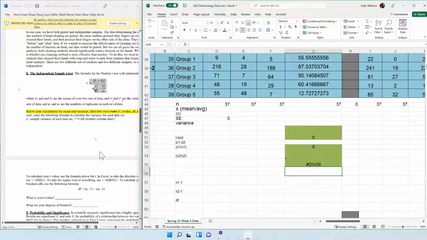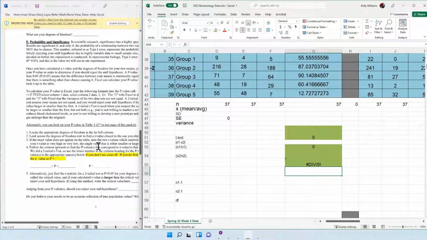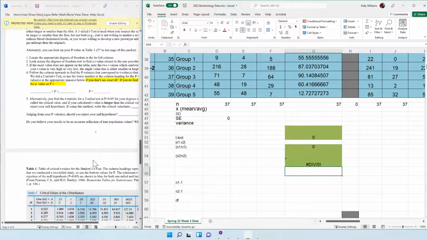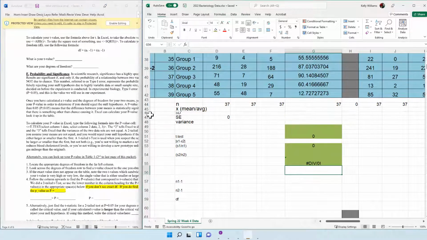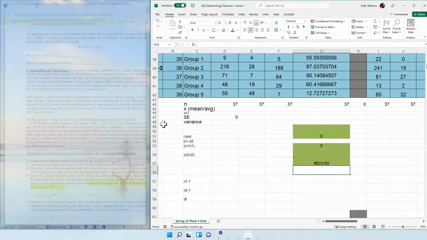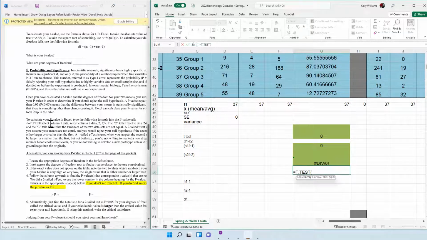You can also do it this way down here, where you type in the t-test. Okay. So you can do equals t.test, right? And now we're going to put in this information.